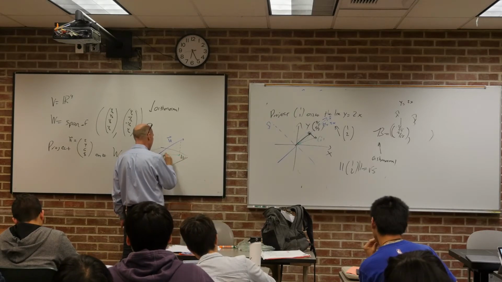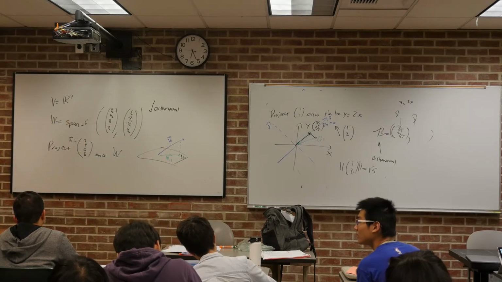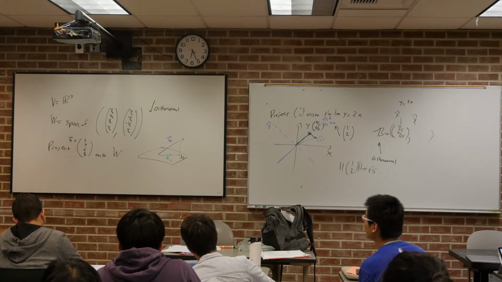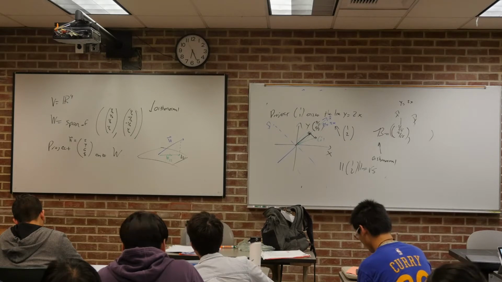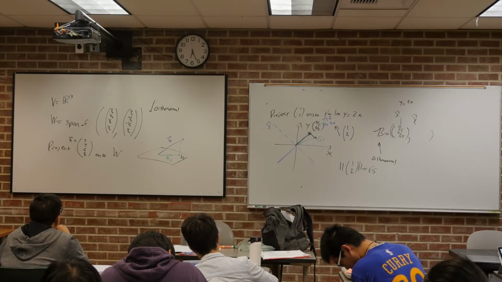I want to give a name for this: I'm going to call this w parallel. So w parallel is going to be the closest vector in W, staying in W, getting as close as I can to the given w vector.